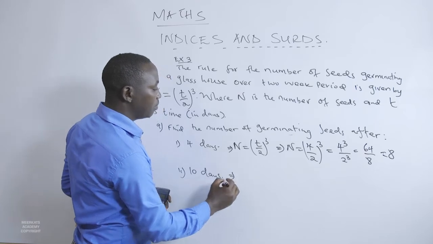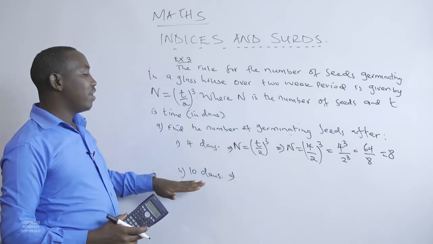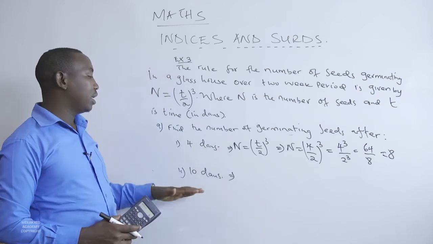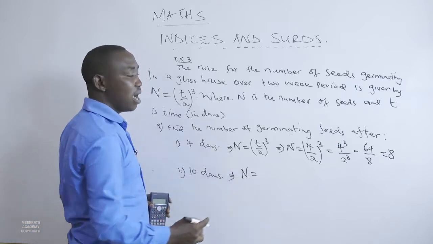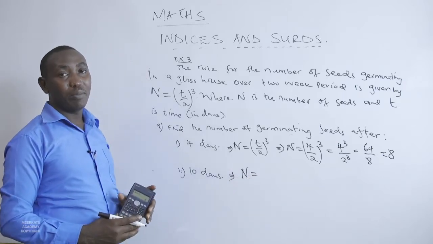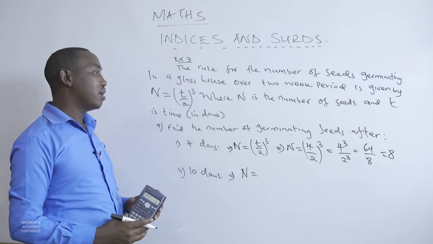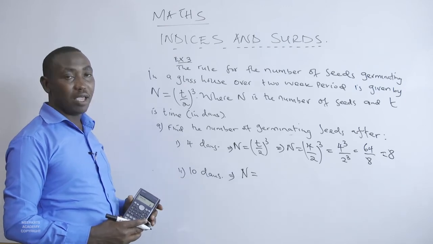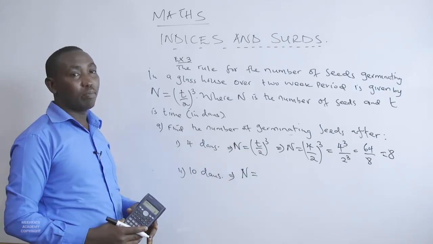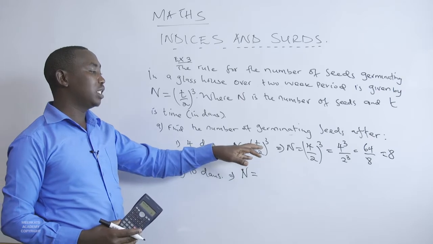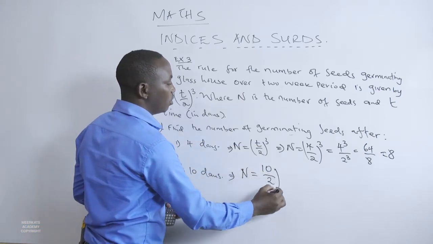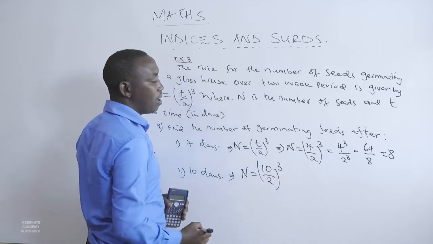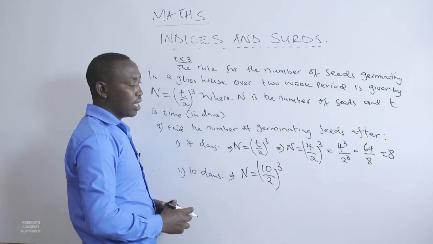Number 2, we have the number of days increased to 10. For us to be able to get the number of the seedlings that will have germinated after the 10th day, we need to replace the value of t with 10. This will be 10 all over 2 raised to the power of 3.